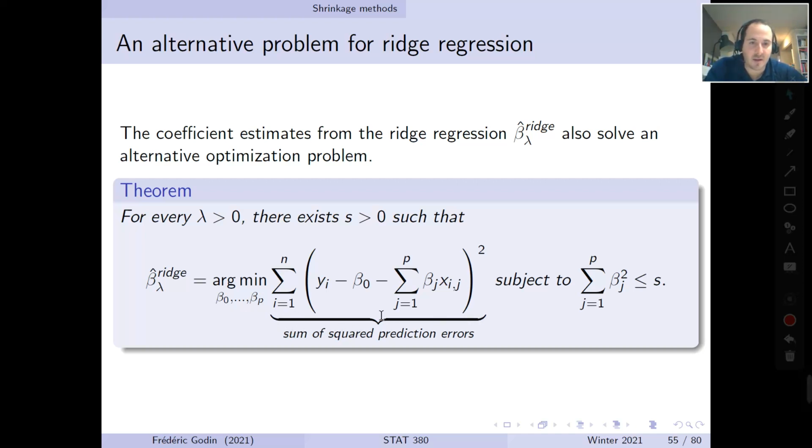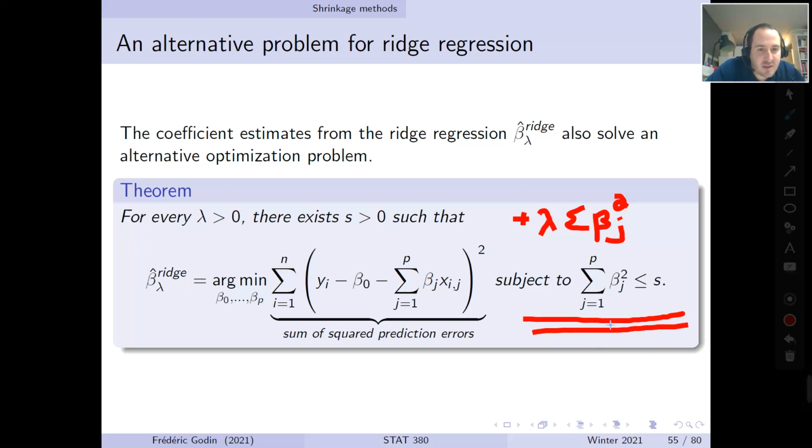So this is the same thing as before, but instead of applying the ridge regression penalty that we showed earlier, we're going to impose a constraint of the following form. We will impose that the sum of beta squared should be smaller or equal to some given s.